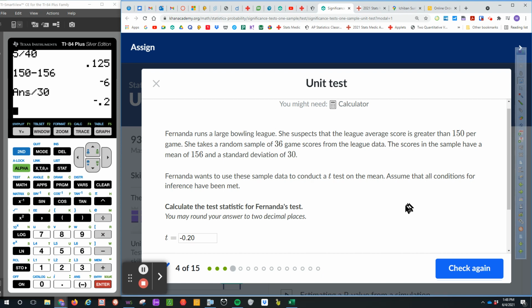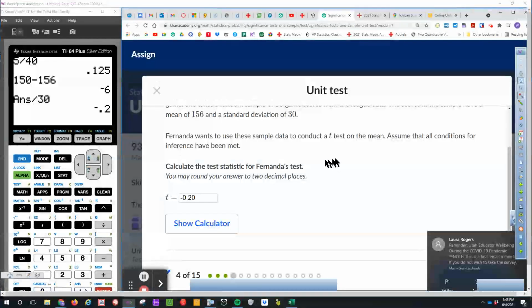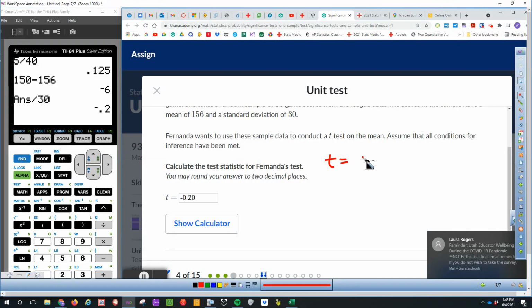Okay. I think I made a mistake, and now I understand why. So my mistake is this. I know that the t equals x minus x bar divided by the standard deviation has this formula, divided by root n.